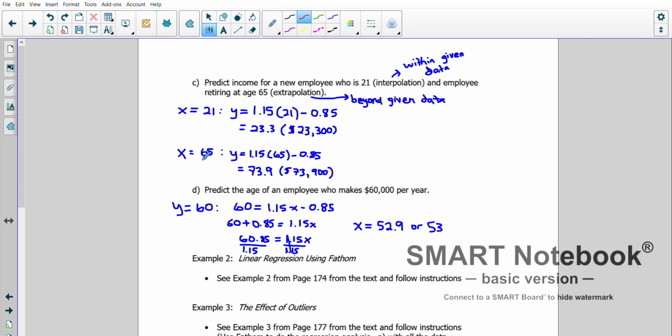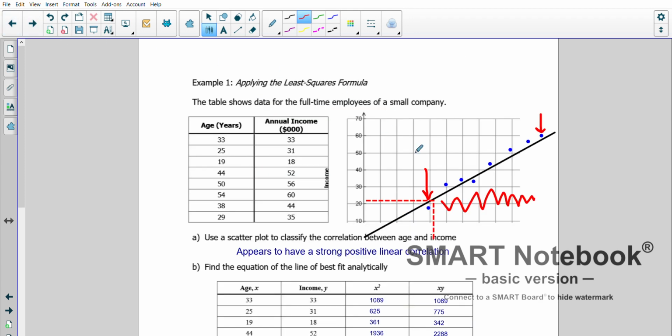It wants the 65-year-old. So I plugged in x equals 65, and I got approximately 74,000, or 73,900. This is going to be kind of off our graph, but as you see, 5, 10, 15, 20, 25, 30, 50. Yeah, it's going to be off our graph, but it would have been maybe we'll go green for this one.